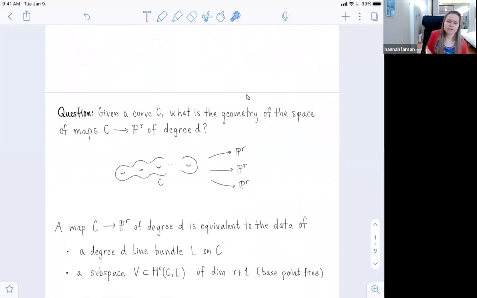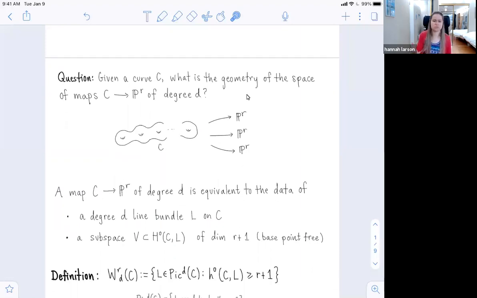The data of such a map is equivalent to the data of a degree D line bundle on our curve, together with an R+1 dimensional subspace of the space of global sections. And the sections in this subspace should have no common zeros.